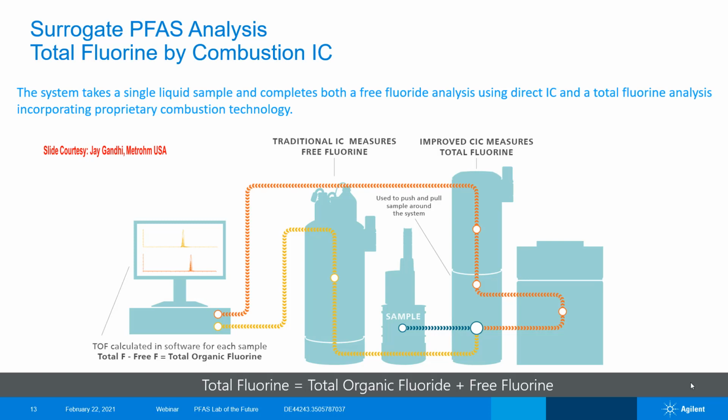And then these two can be combined, so you can add up the total organic fluoride with the free fluorine and then get the total fluorine amount that gives you a surrogate indicator of potential PFAS load in the sample. And all this can on the instrument be done really quickly.